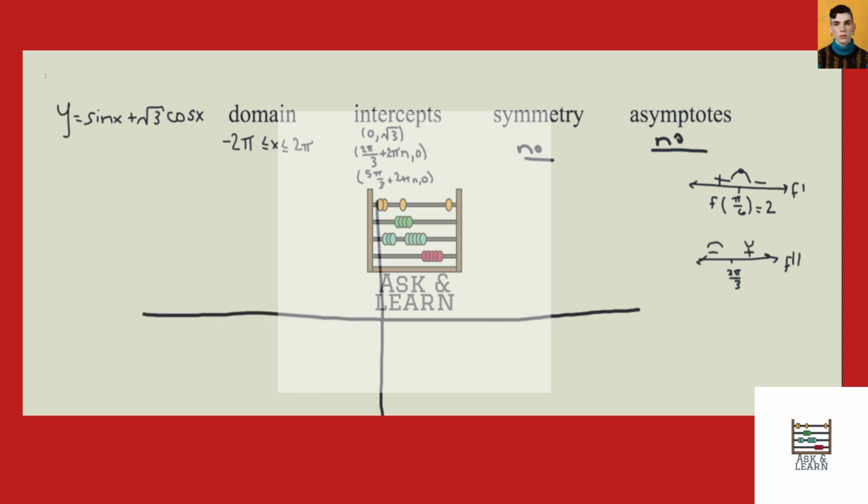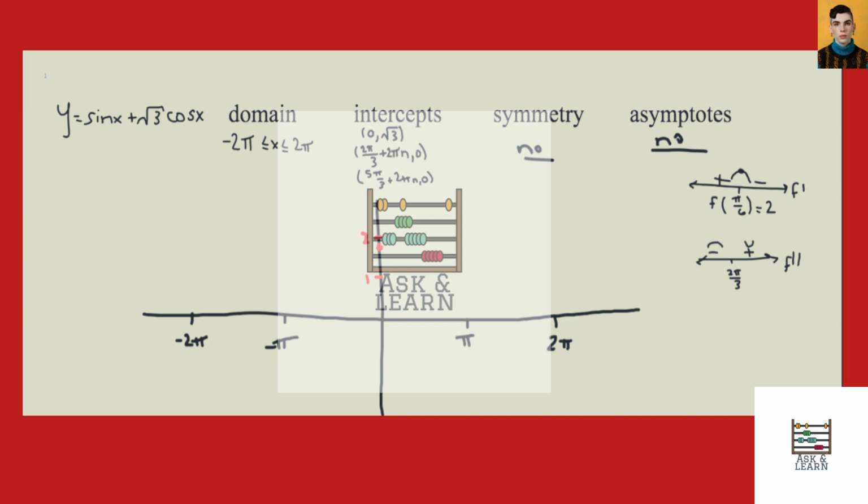So since we're graphing from negative 2 pi to 2 pi, let's label this as negative 2 pi, this as negative pi, and then this would be pi, and about here is 2 pi. Okay, and now we have an intercept at (0, radical 3).